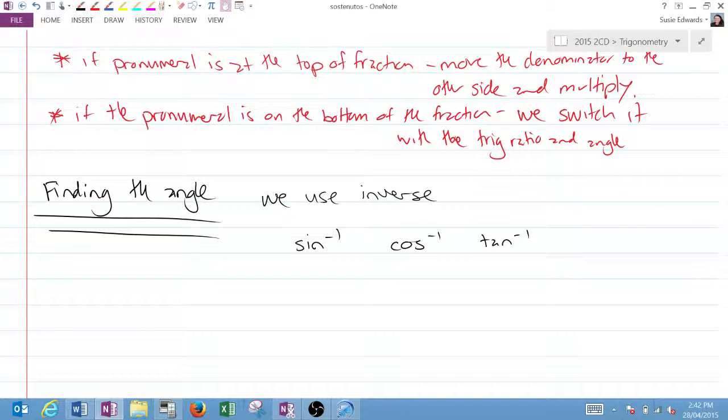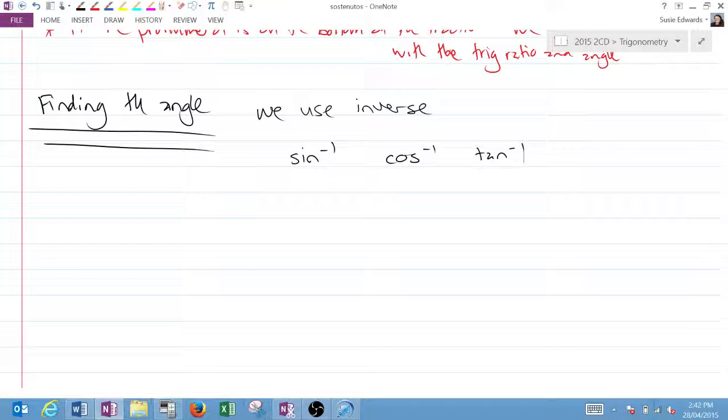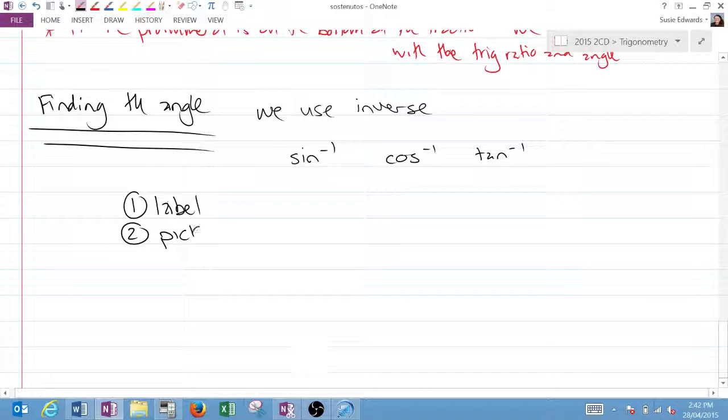Alright, we still follow the same steps. So label, pick a ratio, sub in, and solve. But, okay, so it's the same ones we did before.